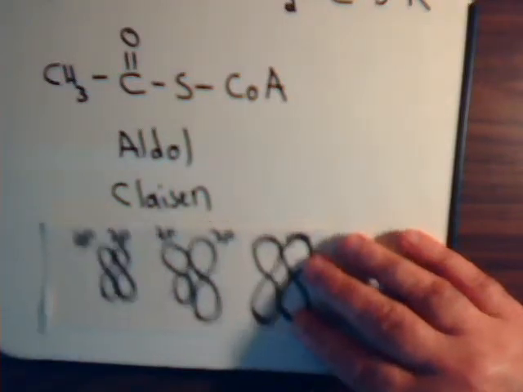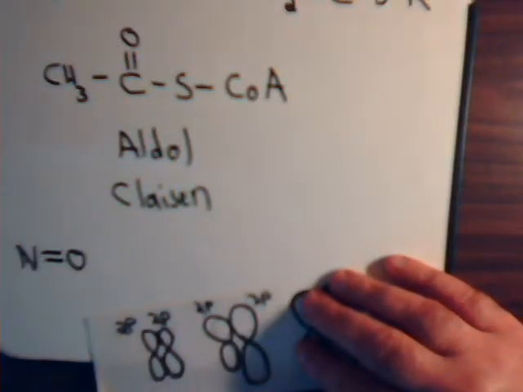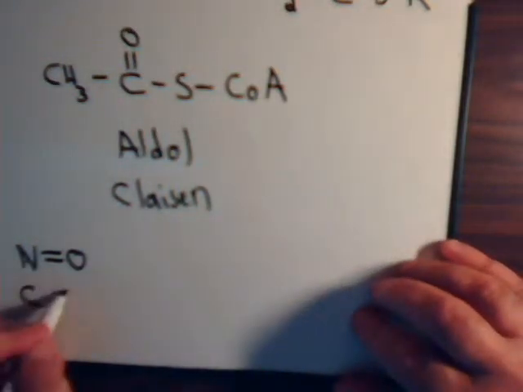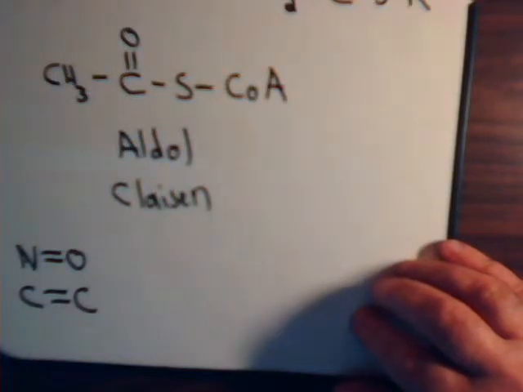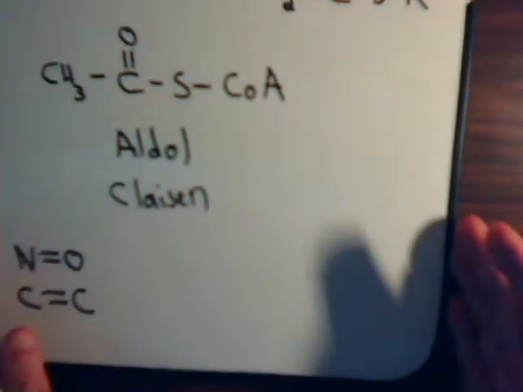For example, when nitrogen and oxygen form a double bond, or when carbons form a double bond. Here the pi bond can be of respectable strength.